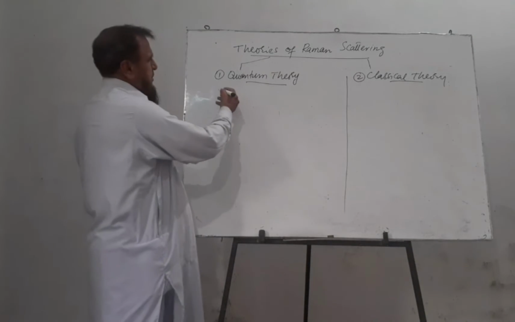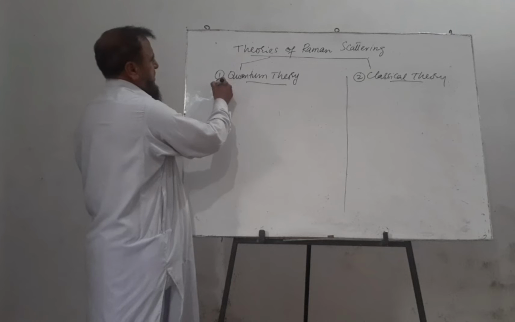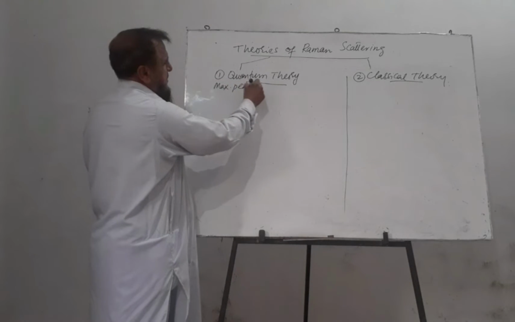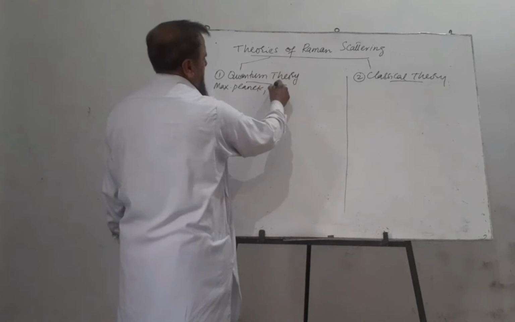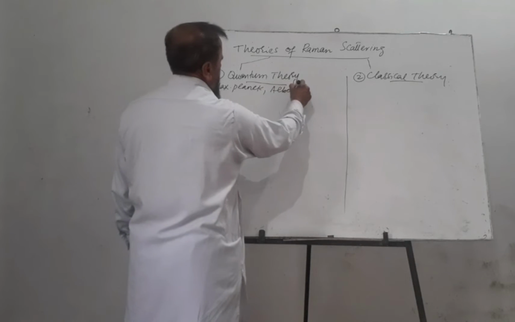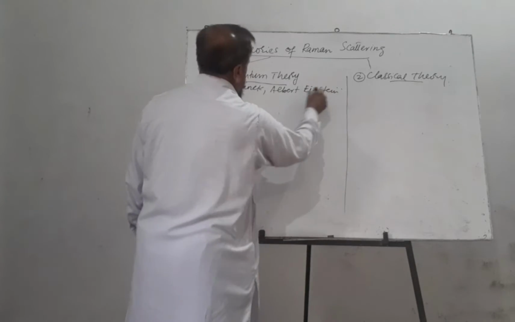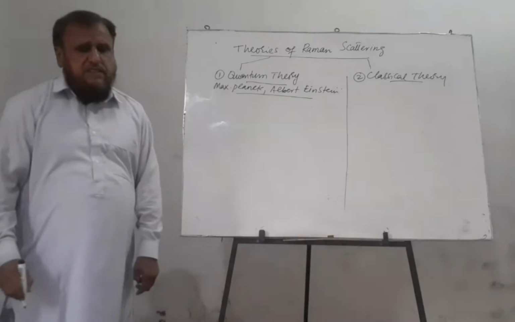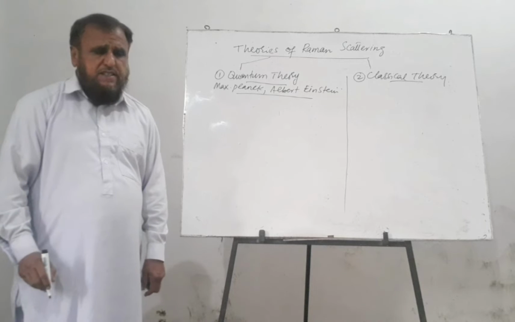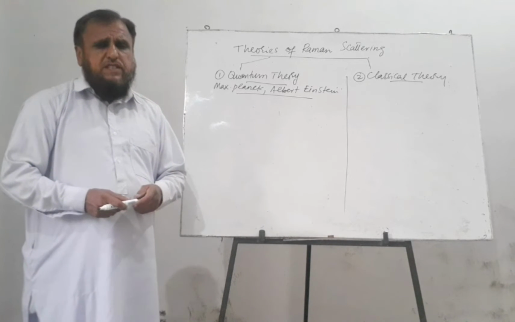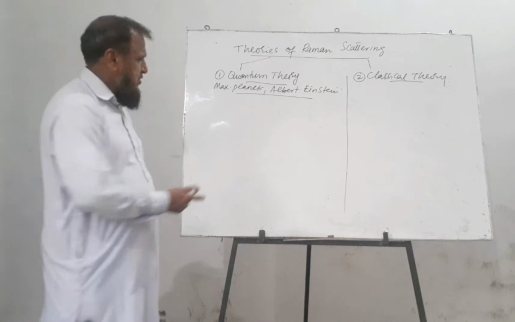According to quantum theory, which was proposed by Max Planck and favored by Albert Einstein, light consists of particles which are known as photons, and they have energy which is given by E = h nu.